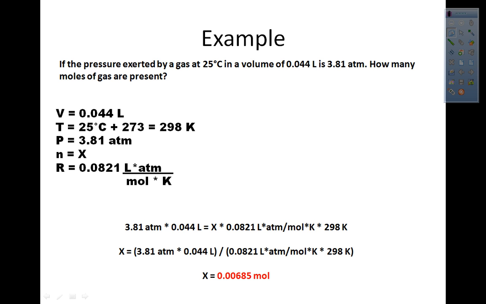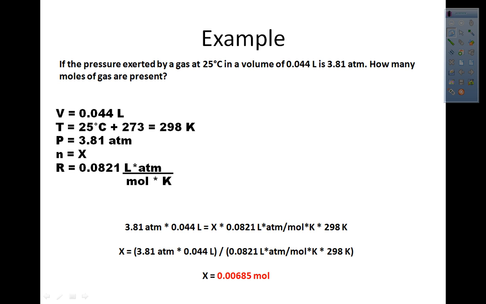Okay? So, example problem. If the pressure exerted by a gas at 25 degrees Celsius and a volume of 0.044 liters is 3.8 atmospheres, how many moles of gas are present? Again, I make my little chart over here.